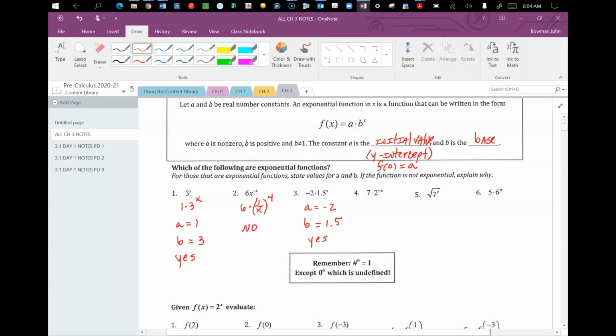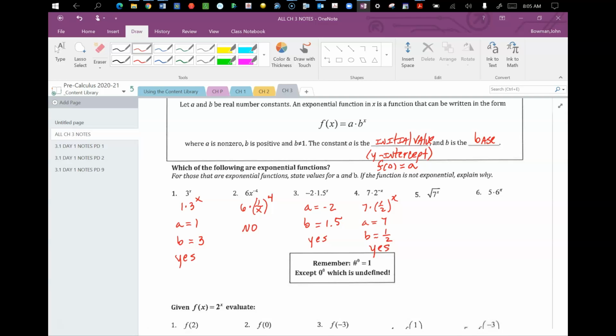The next one, a little bit tricky. 7 times 2 to the negative x could be written as 7 times 1/2 to the positive x. Again, property of exponents. So in this case, you can see that a is equal to 7 and b is equal to 1/2, and we meet the requirements for an exponential function.